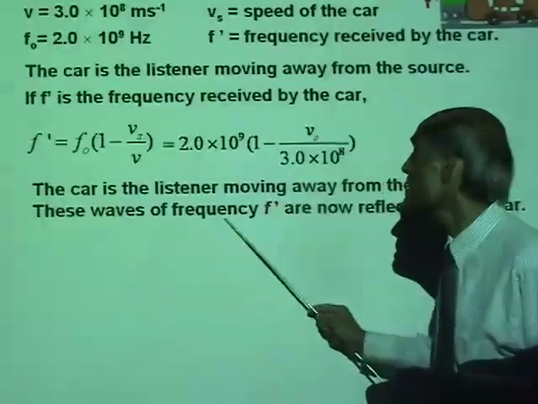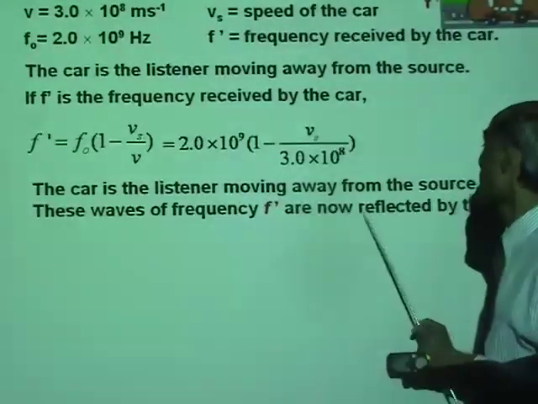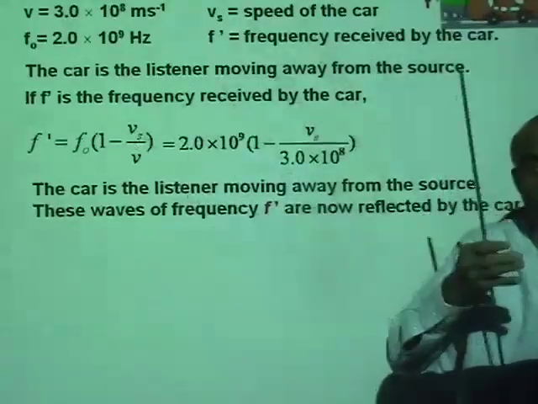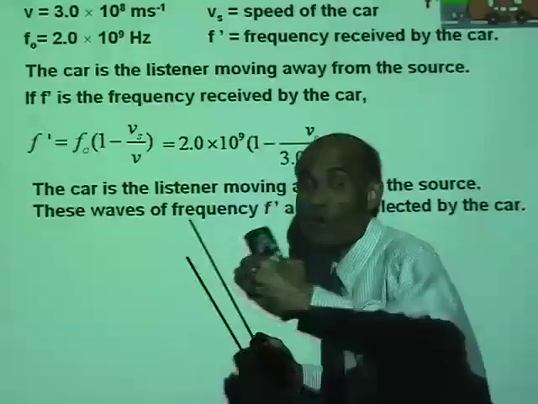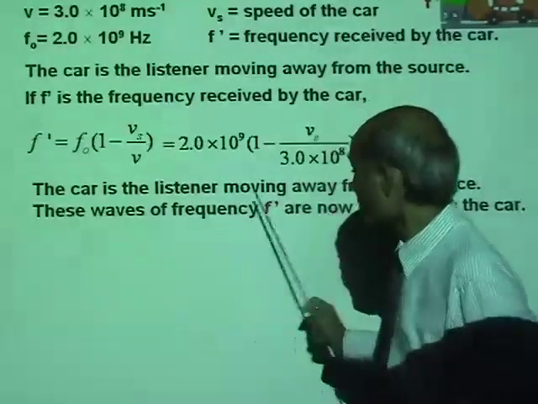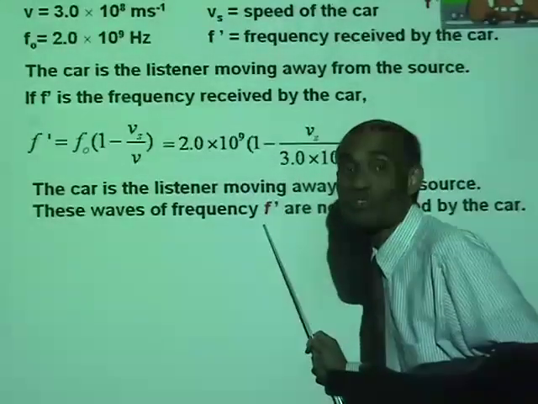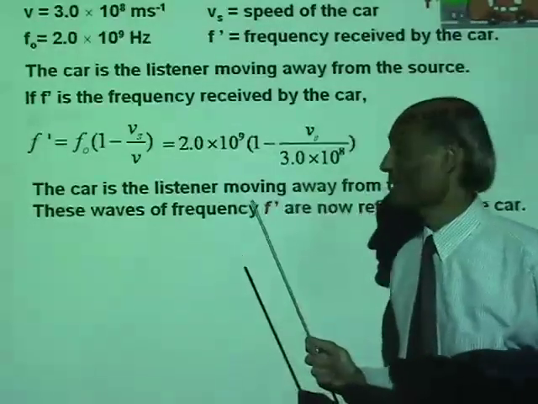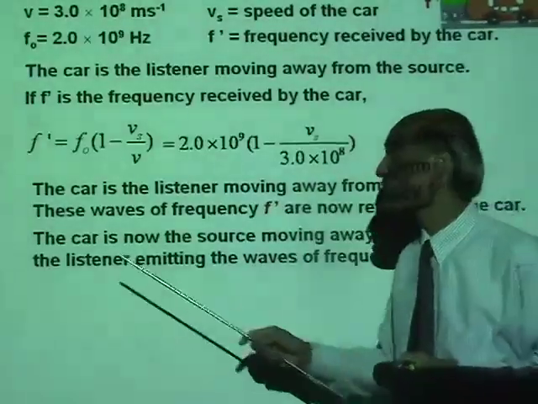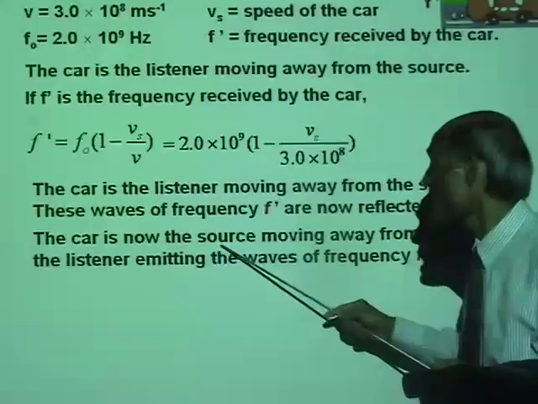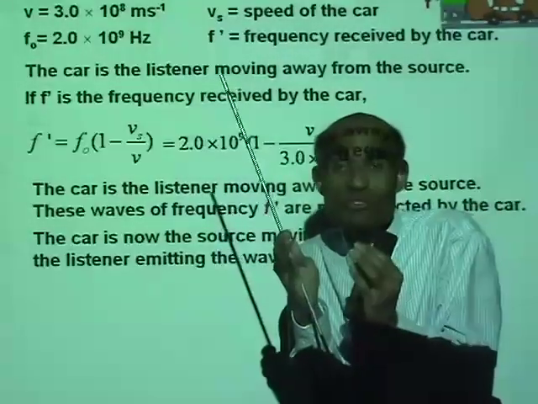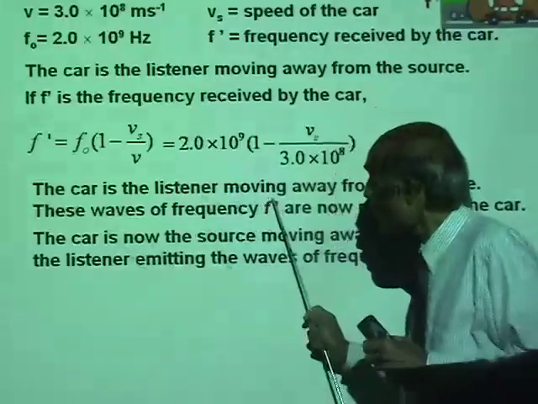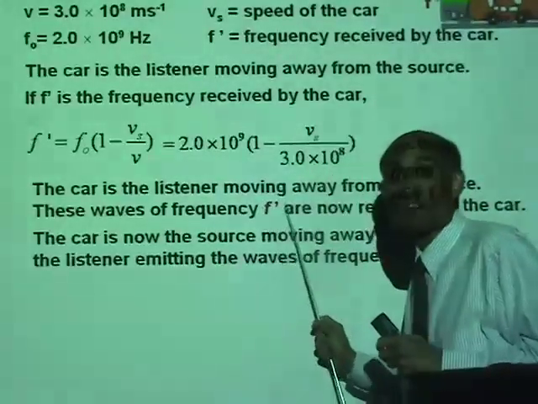So these waves of frequency F prime are now reflected back. Now, the second stage, what is the second stage? The car is now the source. In the second stage, the car is the source, which gives off this frequency, F prime.